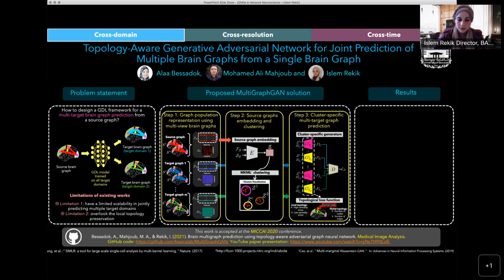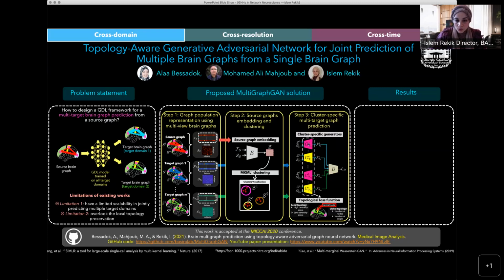So basically, we took the embeddings for all these subjects and we clustered the subjects based on their learned embeddings into different clusters. So we disentangled the heterogeneity, and then we said we're going to train a decoder for each cluster individually. So we had a decoder network here, G of our GAN, to predict the output features for the subjects in the target domain T1 using different clusters.